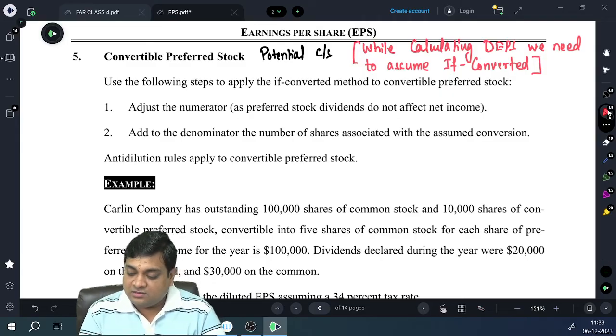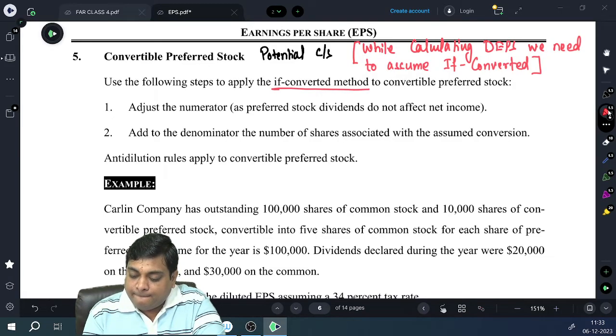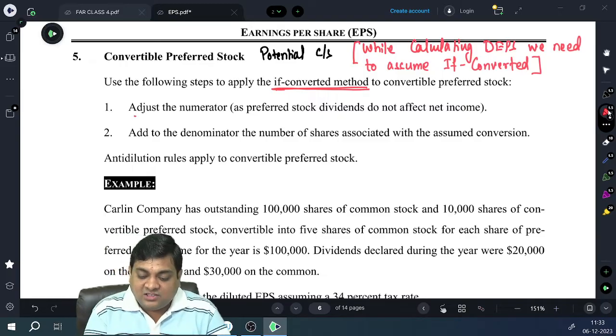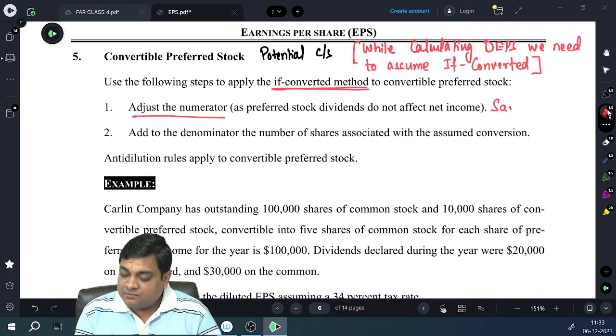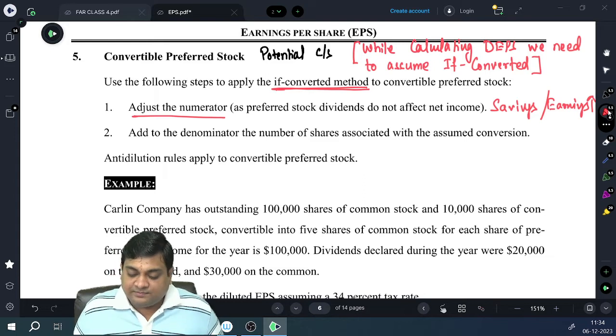This is the main point. Adjust the numerator because of savings, earnings will increase.